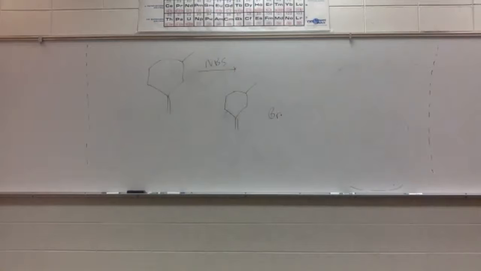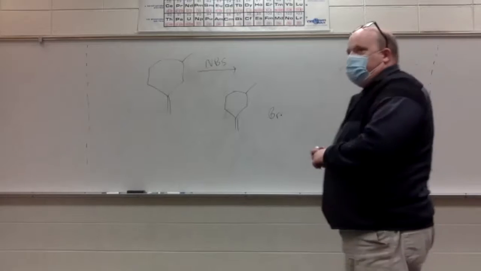You ask yourself, how is this Br radical going to interact with my hydrocarbon? What did it do last time? It attacked an allylic hydrogen, right? Well, what's the difference between this hydrocarbon and the one we had in the last problem? There's two allylic sites, and that will happen fairly commonly, right?